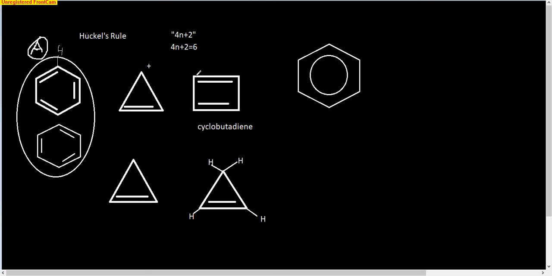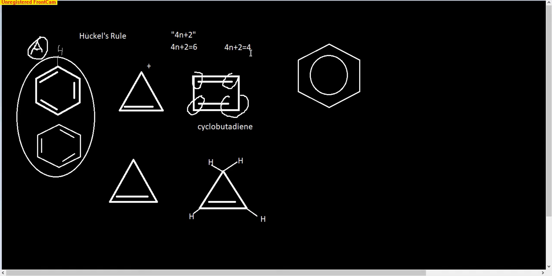and so you would think it would be aromatic. But when you count the pi electrons, 1, 2, 3, 4, and you say, okay, 4n plus 2 equals 4. Now when we solve for this, 4 minus 2 is 2. 2 divided by 4 is 2 over 4.